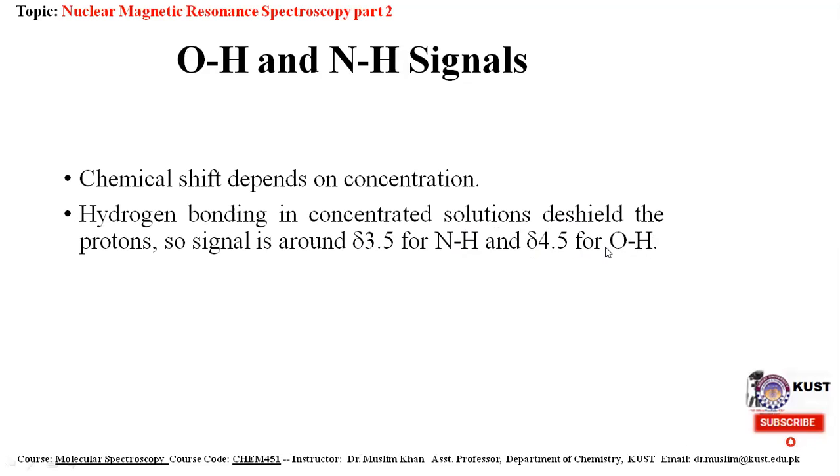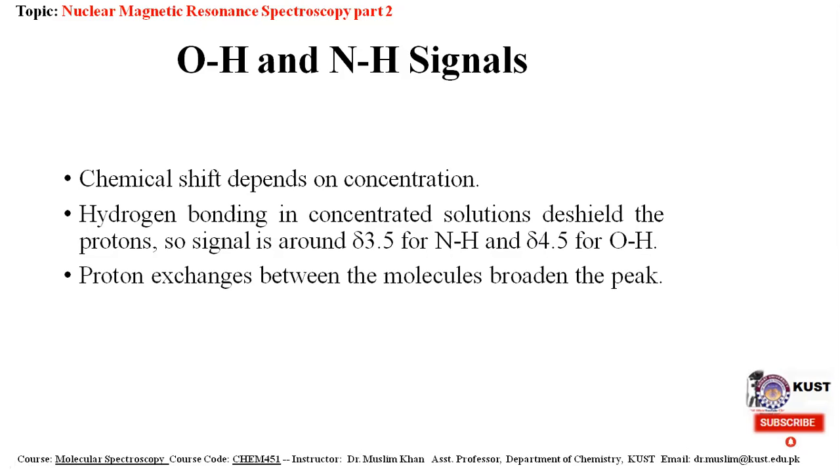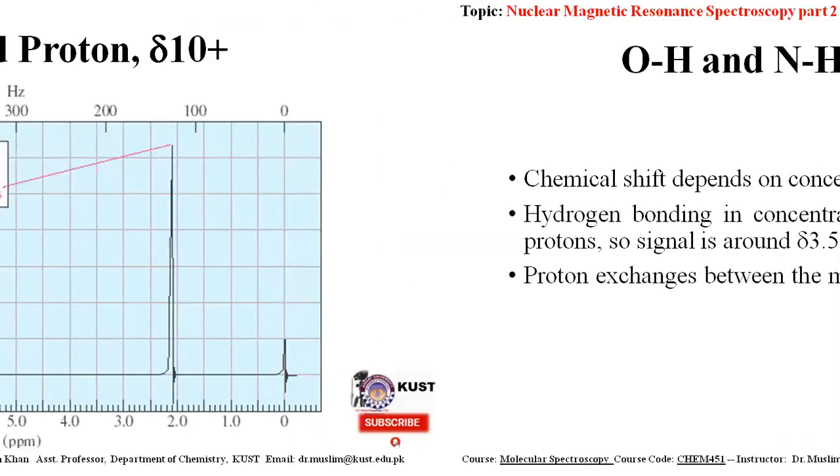Because oxygen is more electronegative than nitrogen, it deshields the proton more, so the signal appears more downfield, at 4.5 ppm. Proton exchange between molecules also broadens the peak.